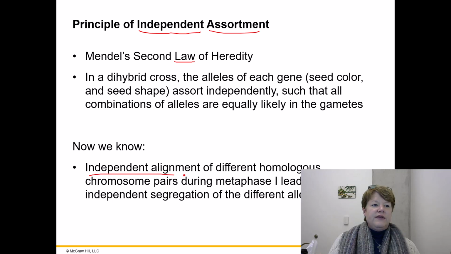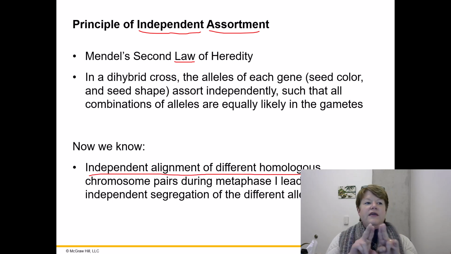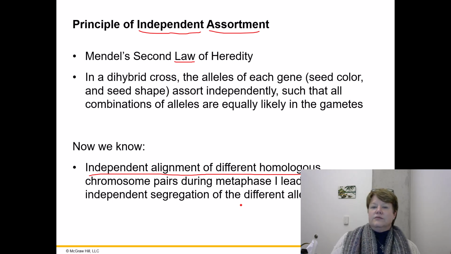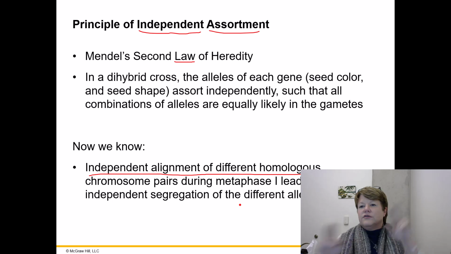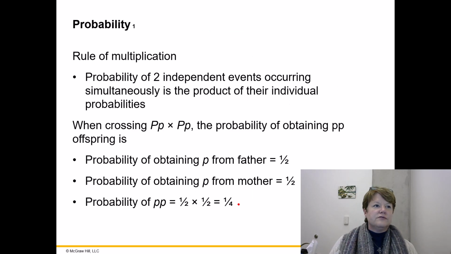Now we know that the independent alignment of the homologous pairs during metaphase 1 leads to independent segregation of these different traits, such that a gamete can get an allele for round seeds and an allele for yellow seeds, or an allele for round seeds and an allele for green seeds. Those combinations are possible because these are on different chromosomes, different homologous pairs.